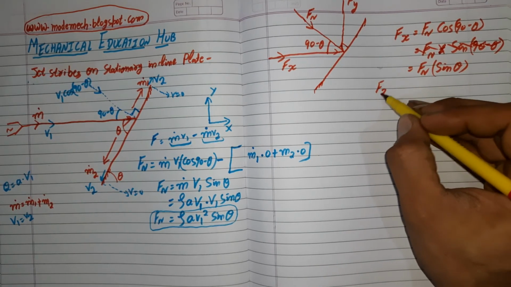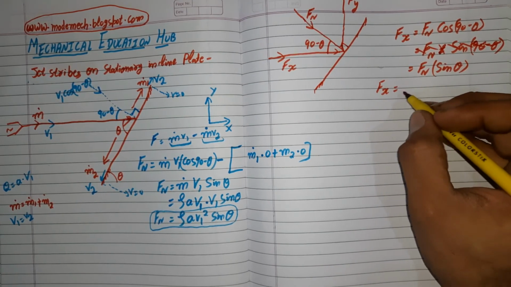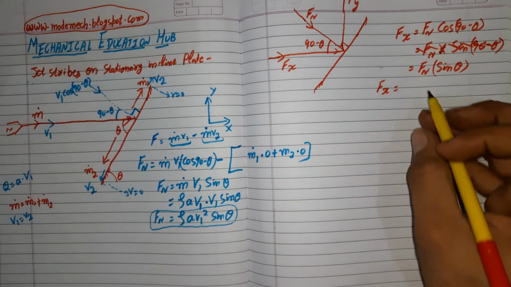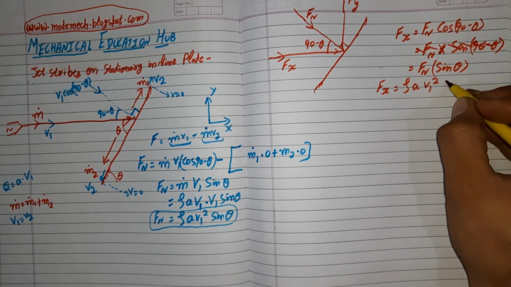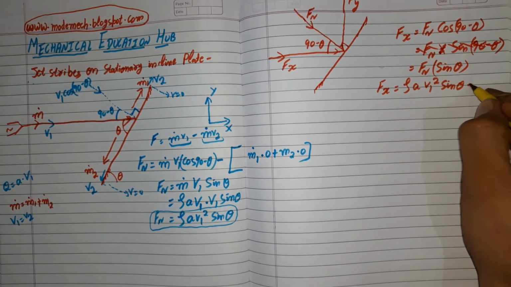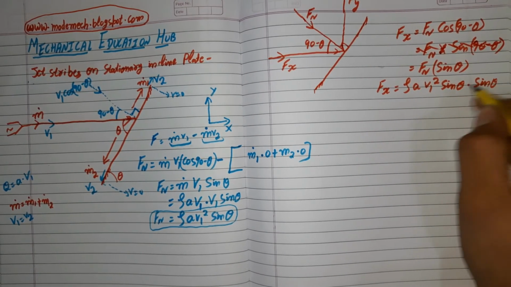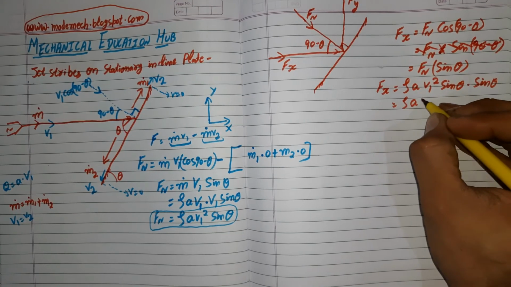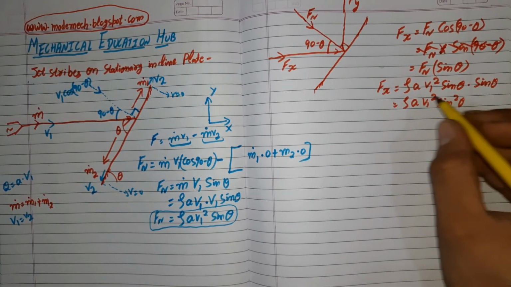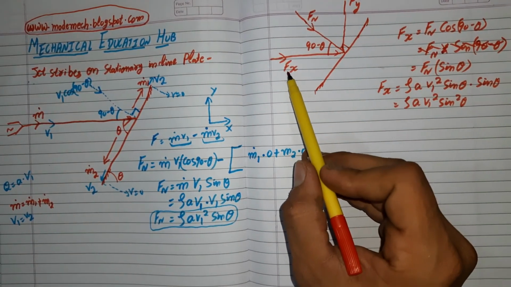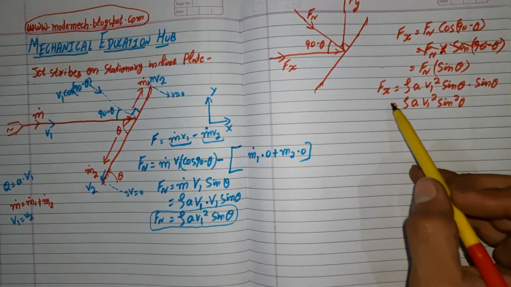So force in x direction will be, we have Fn, that is rho a v1 square sin theta, into sin theta. This will give rho a v1 square sin square theta. Now in this case, force in x direction will be this.